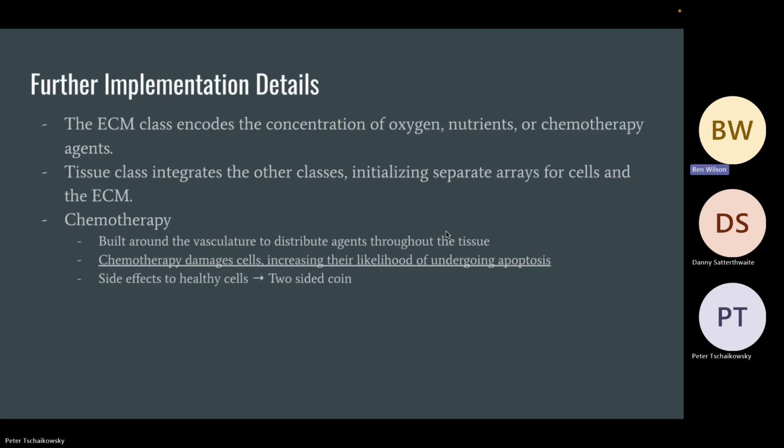The tissue class combines both the cell class and the extracellular matrix class and provides methods for simulation and updating the concentrations of the extracellular matrix. Further, the tissue class uses methods to update all of the cells in a random order and deliver chemotherapy on a scheduled timeline.